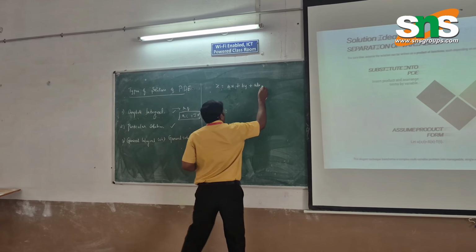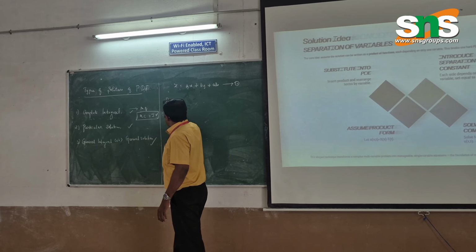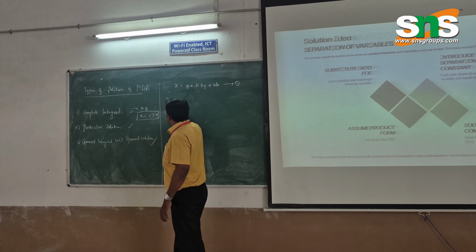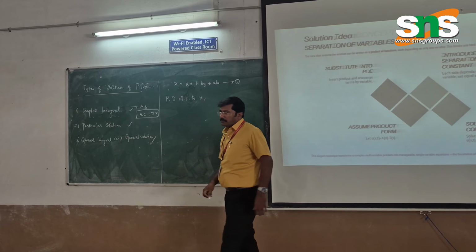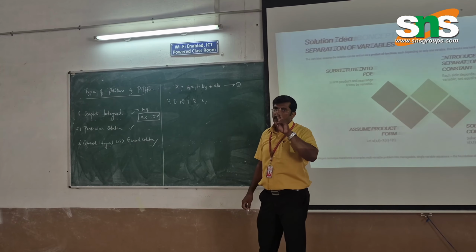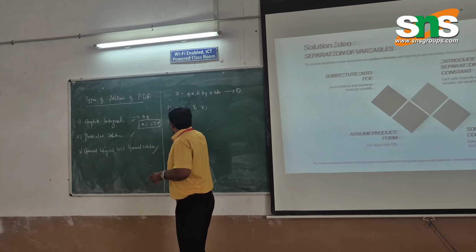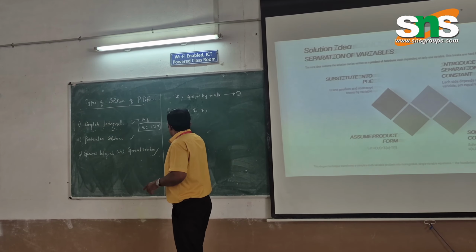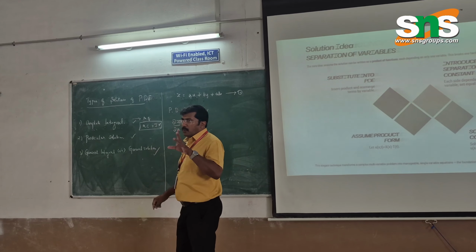If I take this as equation 1, I differentiate partially with respect to x. Because we have two variables here, we have to differentiate for x and also for y. I use the notation dou: dou z by dou x. Here a is a constant, and x with respect to x becomes 1.